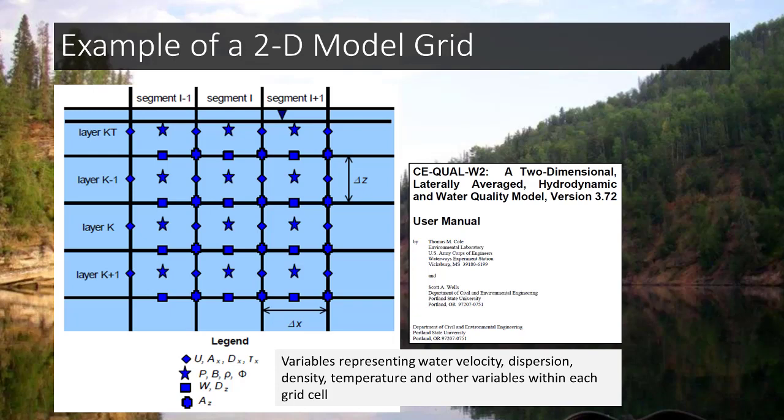Basically the 11 variables down there are calculated at the points shown on this grid, and for every time step the model will calculate all of these variables for every point in the model, and then it will iterate it, because every grid cell is affecting all of its neighbor grid cells as time moves on.